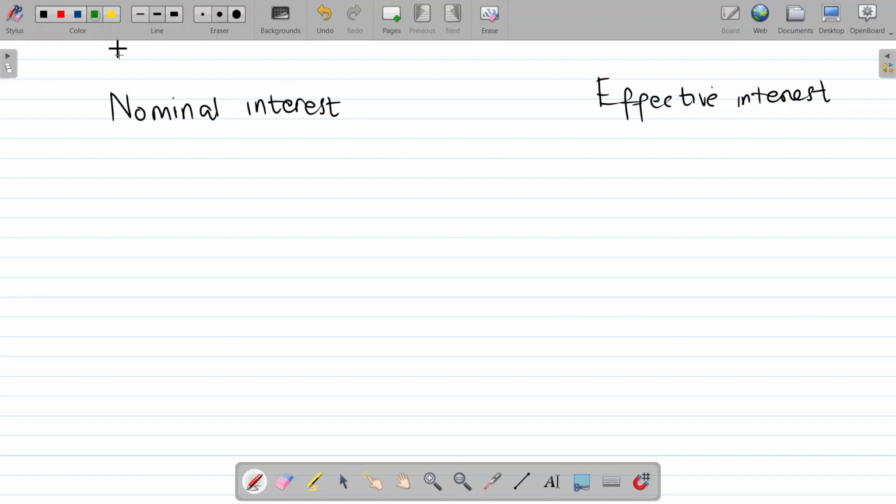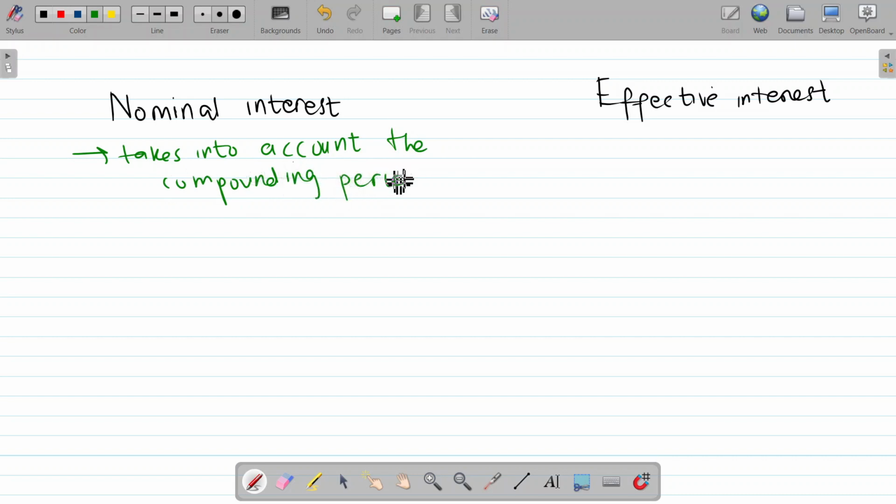Nominal interest is interest that takes into account the compounding period, while the effective interest does not take into account the compounding period.